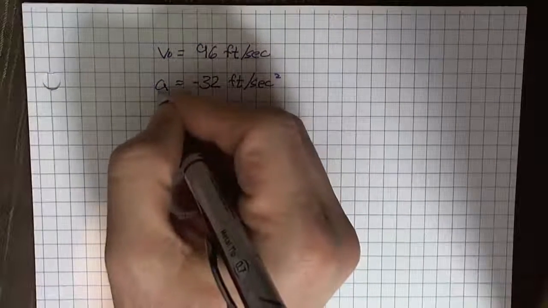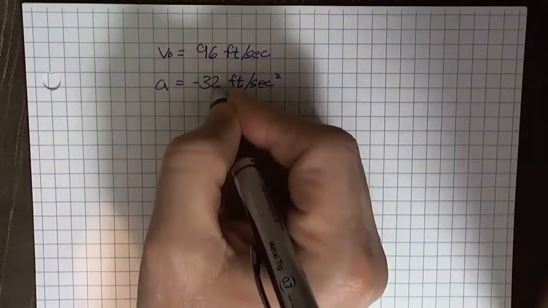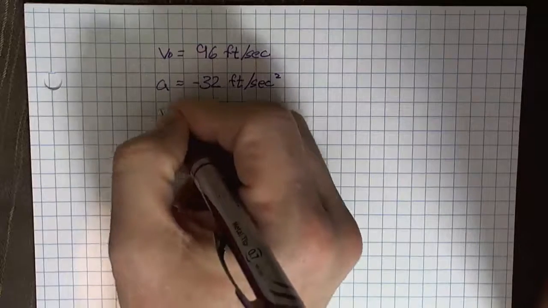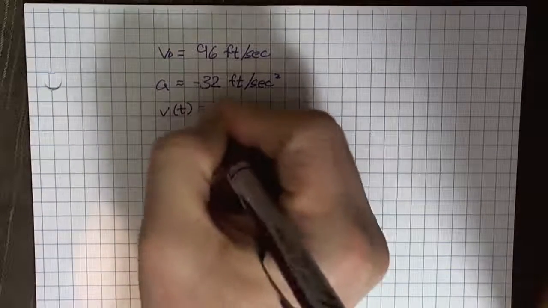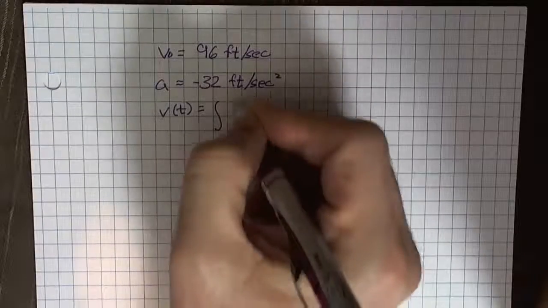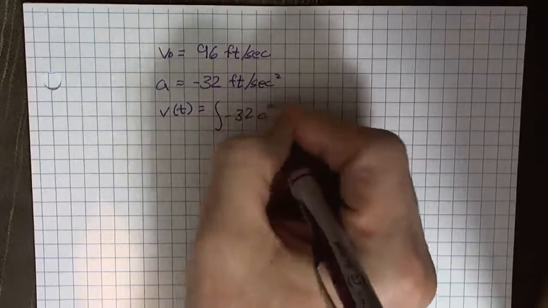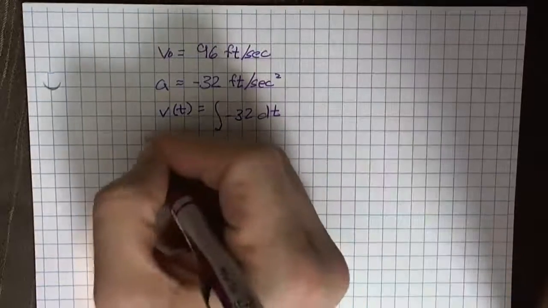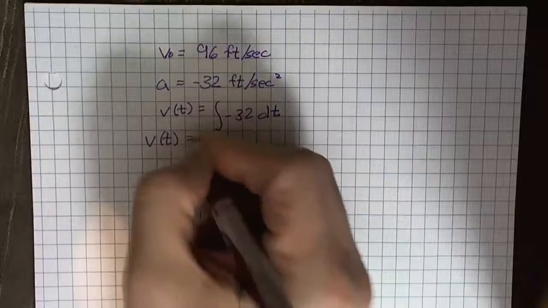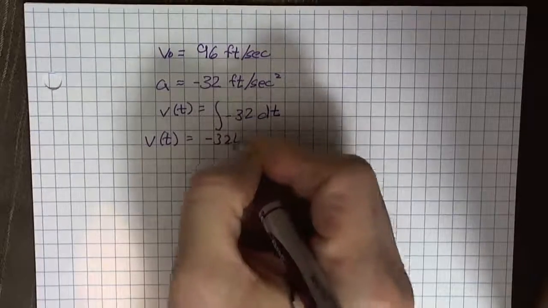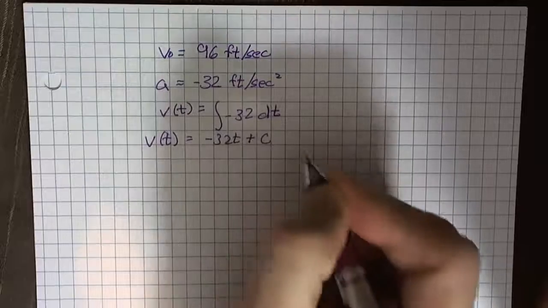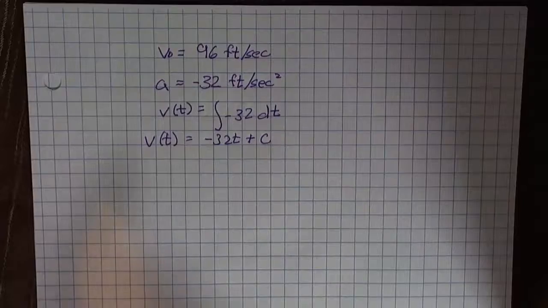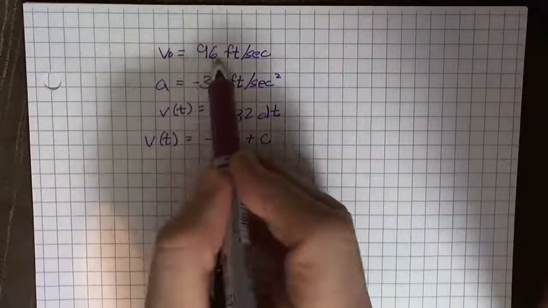So if I start off with acceleration, I need to get back to velocity, so I integrate that. Velocity is going to be the indefinite integral of negative 32. And that gives us v of t is equal to negative 32t plus, remember, there's a constant. In this case, we can figure out what that constant is because we know the initial velocity is 96.